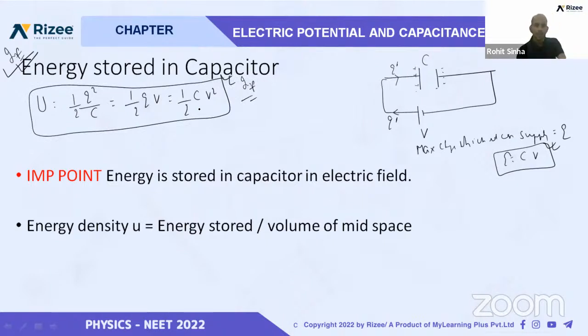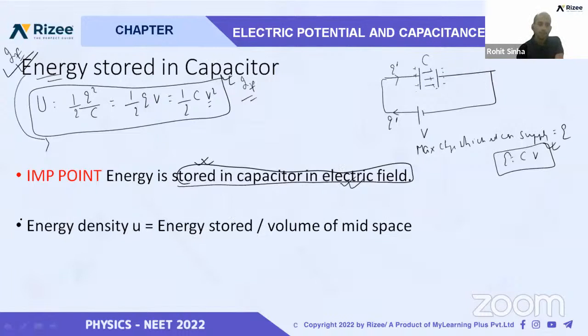Where C is capacitance, V is potential applied. One more thing you should remember here, this energy stored is where? This energy is stored in the electric field. I have mentioned this question because it can be asked in your NEET exam: where is the energy stored? In the capacitor, in the electric field. You should remember this.